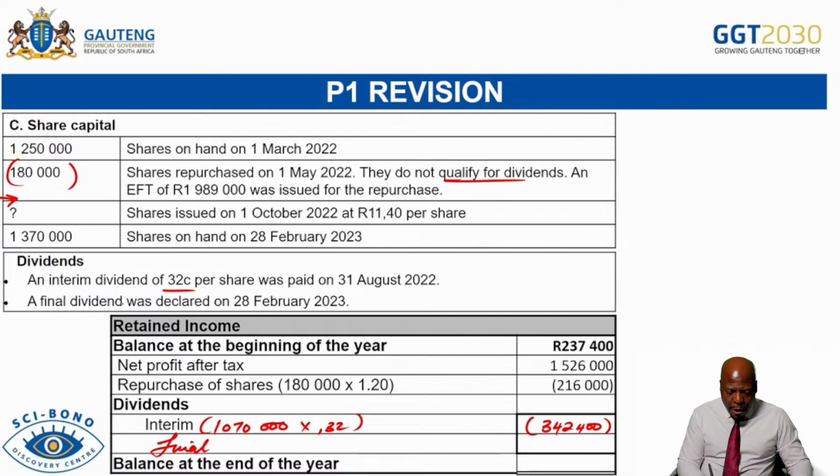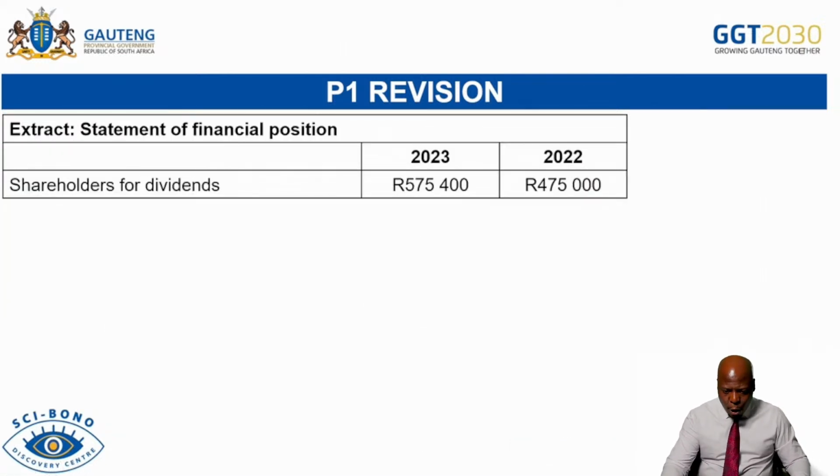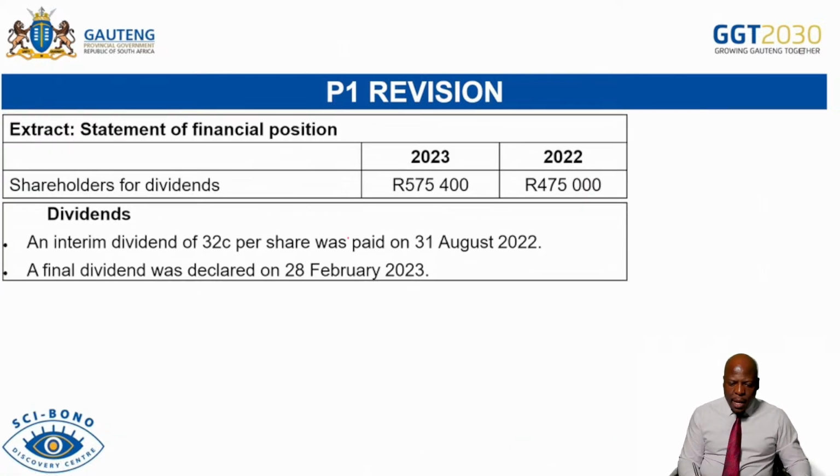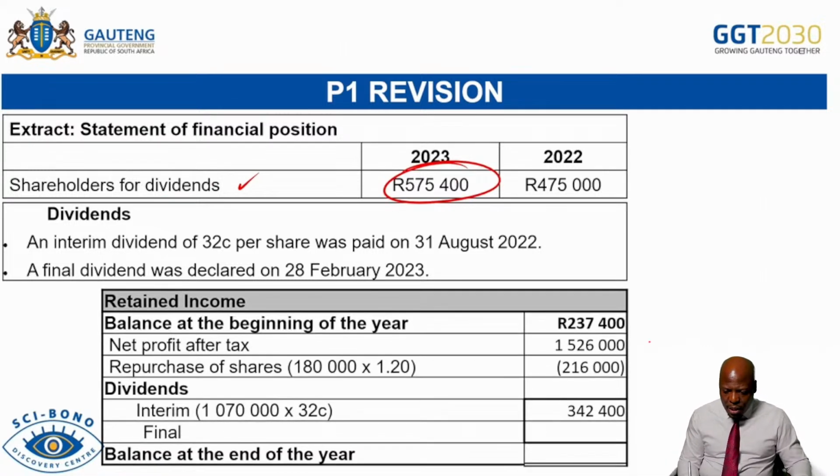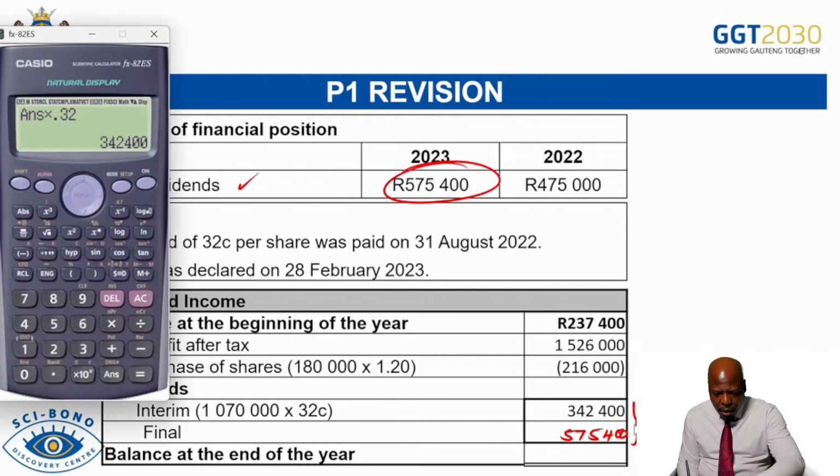Okay, here we're told a final dividend was declared and they don't give us the dividend per share. That means they must have given me something. Okay, let me see. Here in the statement of financial position, I was given shareholders for dividends. That's my final dividend, which is going to be my 575,400.